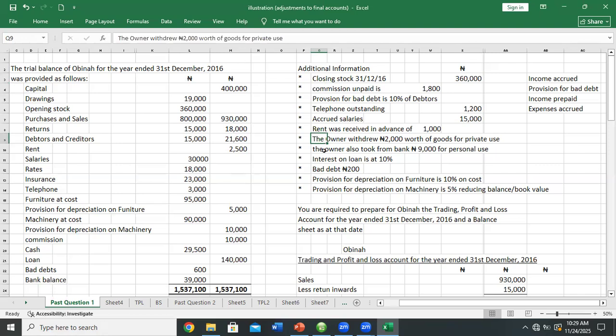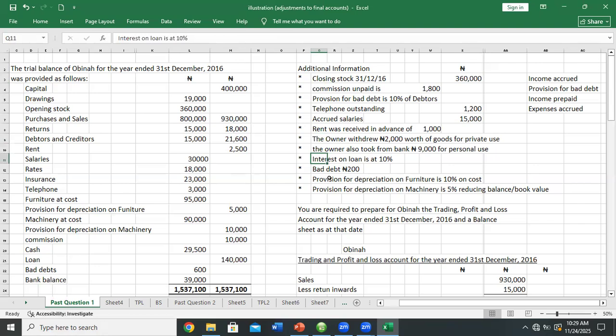You have the owner took from bank 9,000 naira for personal use. You have interest on loan at 10%. You have bad debt and provision for depreciation. So I said, let's keep those 3 for a later date.